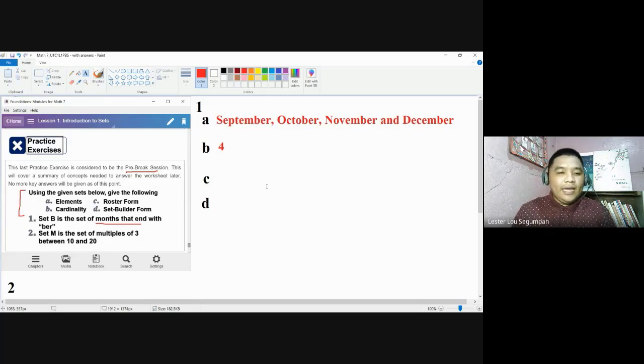Given already in letter A, we have determined that there are 4 elements of the given set. So we just need to write them formally in a form of a set for us to have our roster form. In the given here, we have determined or is given that that set is considered to be set B. In that case, that is our label here. Set B, and you say here equal to, and then we write the sets. In writing sets, these are the 3 things that you need to consider. Number 1, there should be no more or no less than all elements.